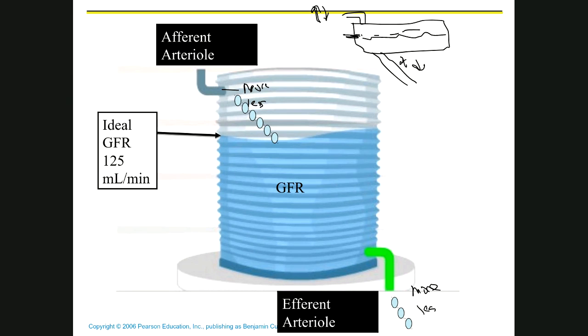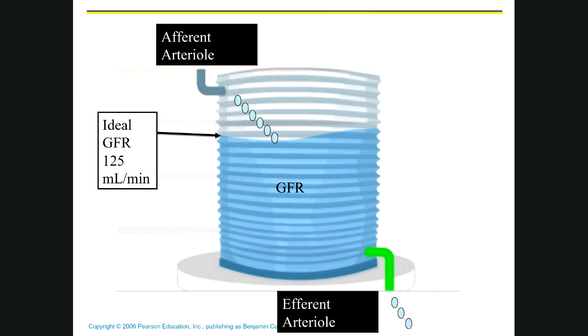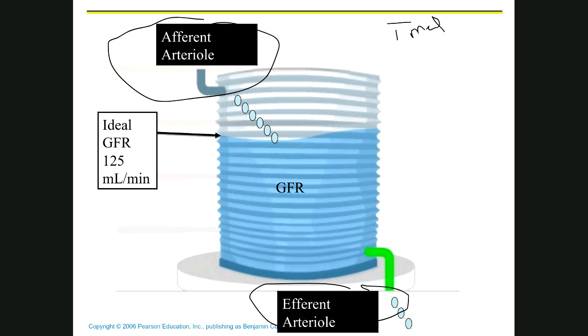Well, it's not a faucet. Remember, these are arterioles, two of them. Remember, arterioles, when you look at them, they have two layers. There's a tunica media and a tunica interna. The tunica media, remember, is the muscle, and it goes in a circle around the blood vessel.